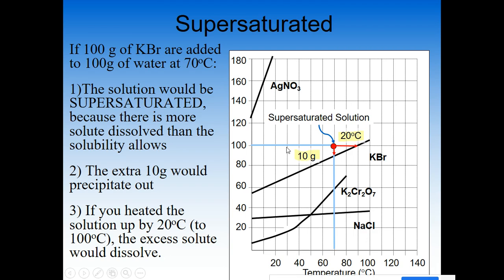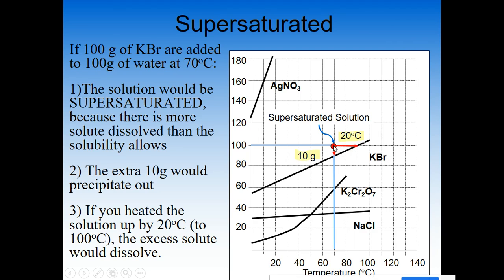If we have a point that lies above the curve, so here we have this red point, we're still at 70 degrees Celsius, but if we have 100 grams of potassium bromide in 100 grams of water, this is actually a supersaturated solution. So anything above these curves for that particular solute will be describing a supersaturated solution.